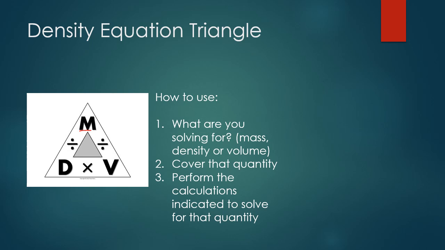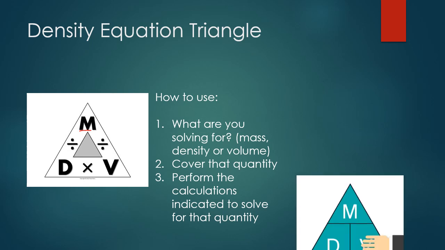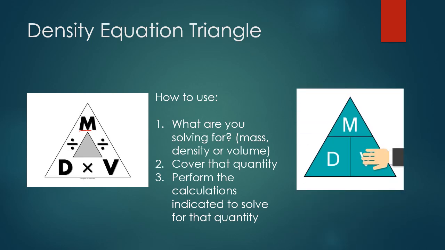So how are we going to use this triangle? First, you need to look at the word problem and figure out what you are solving for: mass, density, or volume. Once you know what the unknown is, you're going to cover that quantity with your hand. So if I were solving for volume, for instance, I would cover the V with my hand.